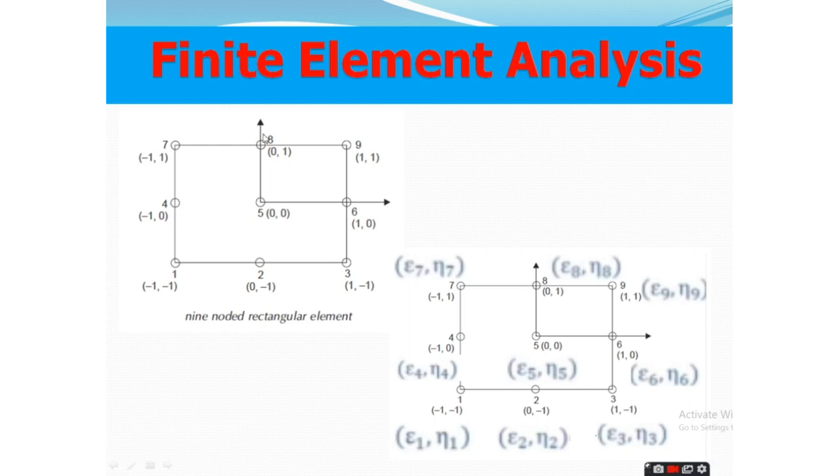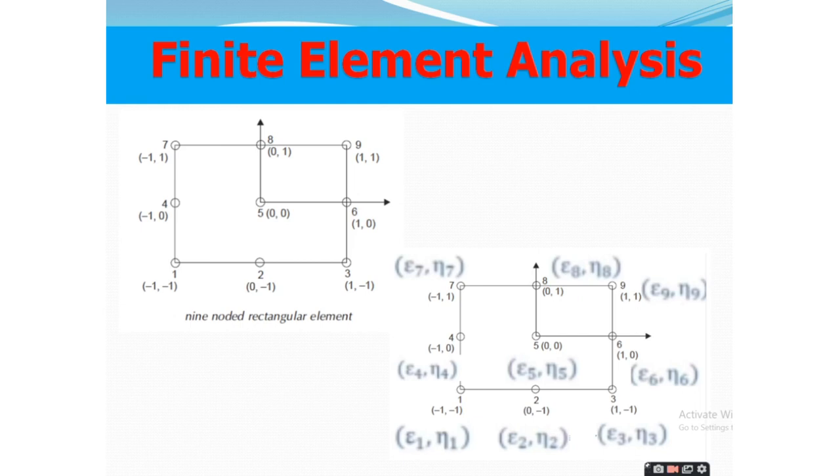With respect to the natural coordinate system, this element is defined at the corner and center nodes. For example, corner node number 1 is given as -1, -1, because the natural coordinate system varies from -1 to +1, as everybody knows.